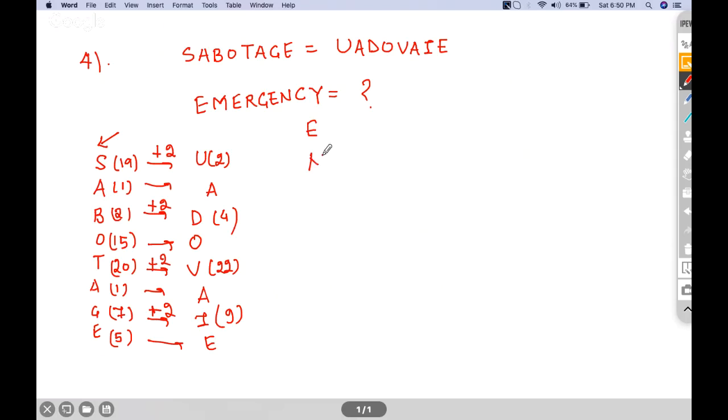So E, M, E, R, G, E, N, C, Y. E is 5, so 5 plus 2 is 7, which is G. M remains the same.